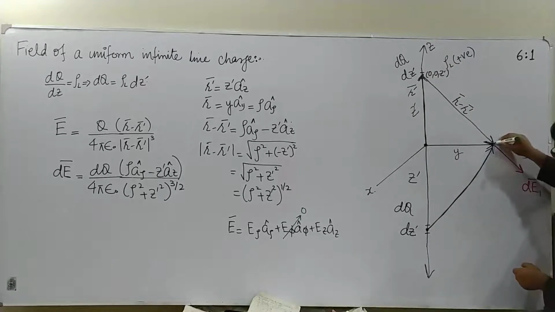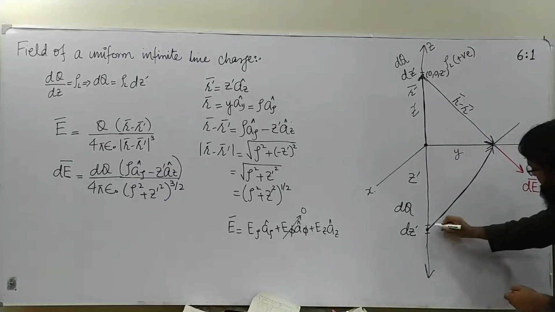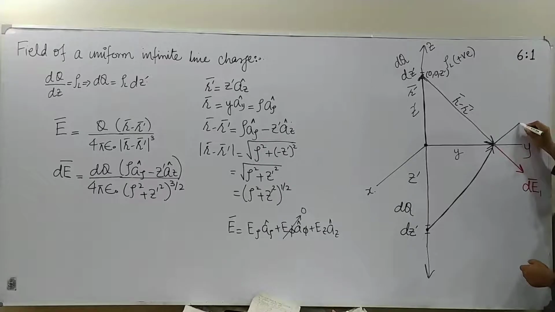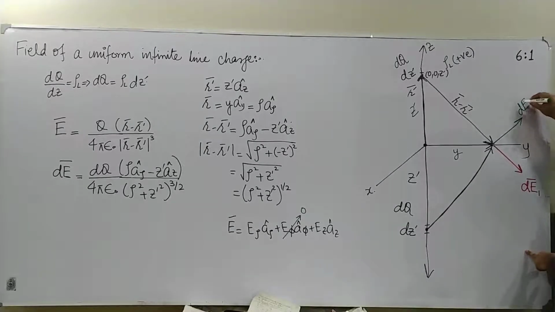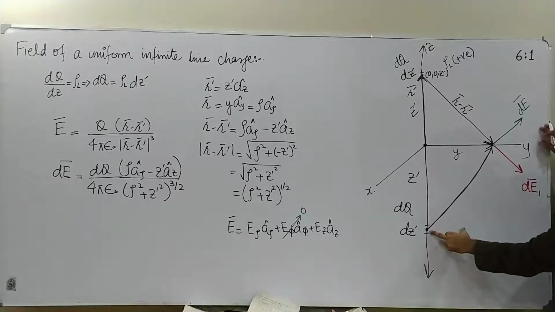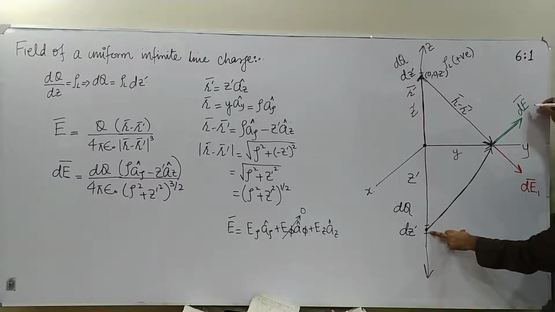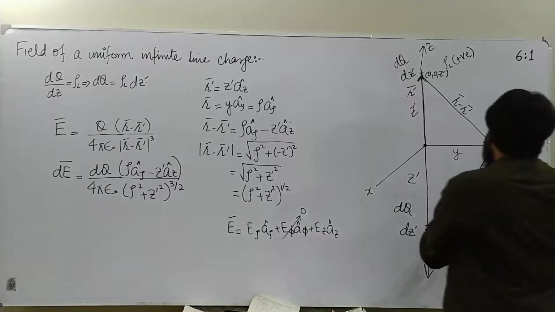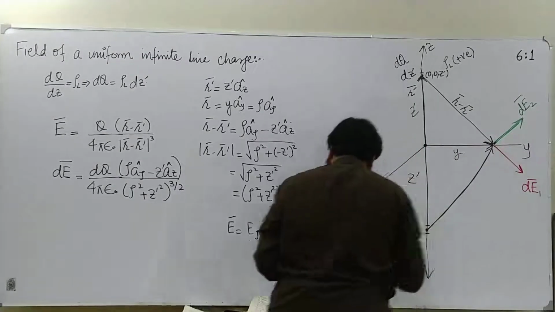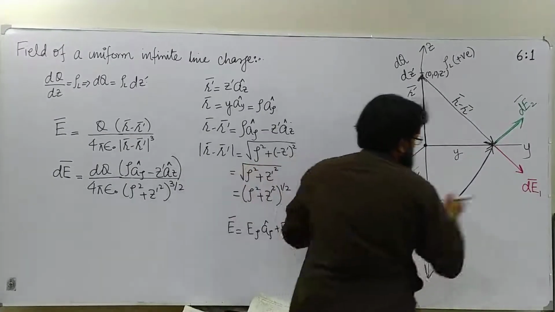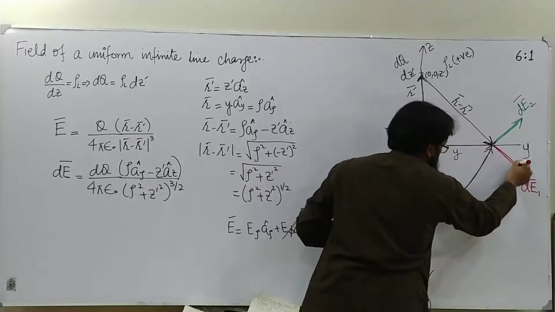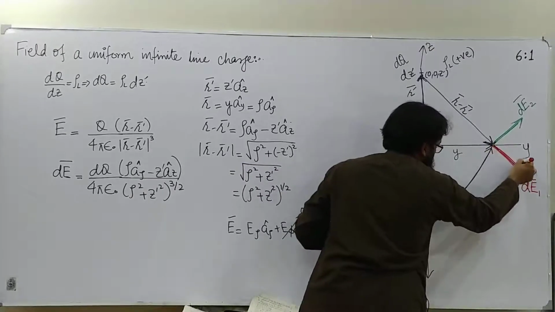So what we should expect is the differential contribution of electric field intensity due to this point charge in the direction of this green arrow. I hope you would see it in green. The length of this green arrow would be the same as the length of this red arrow.